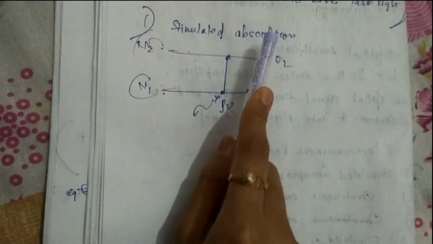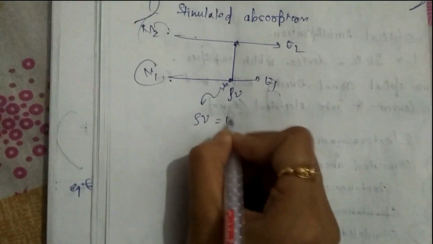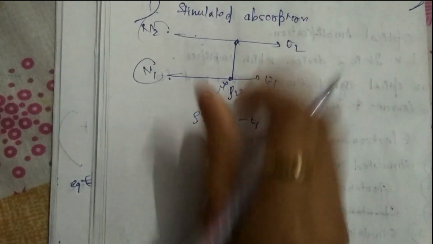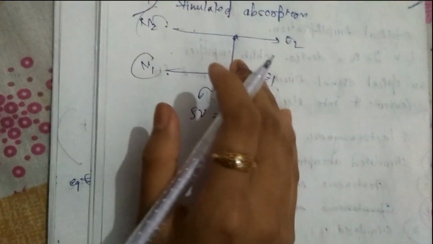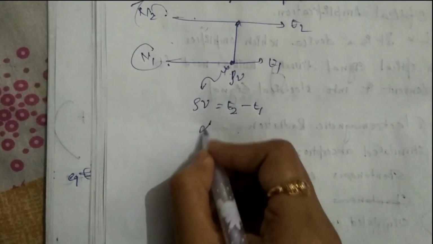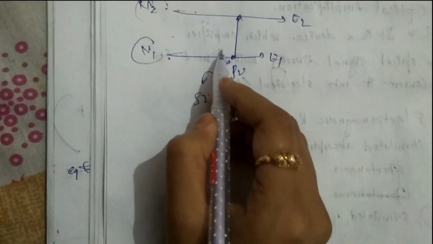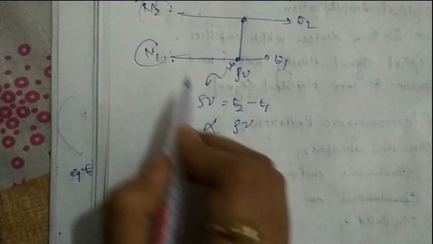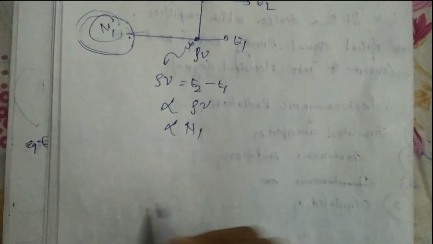The stimulated absorption depends on two factors. Here rho nu is equal to E2 minus E1, the energy difference between the two levels. The two factors are, first, as it supplies some energy, it is directly proportional to rho nu, as it supplies energy to the level E1. Second, it depends on the number of electrons in the energy level E1, which is N1, so it is directly proportional to N1.